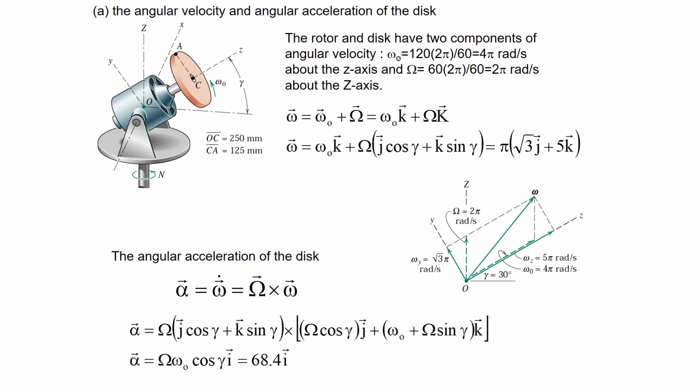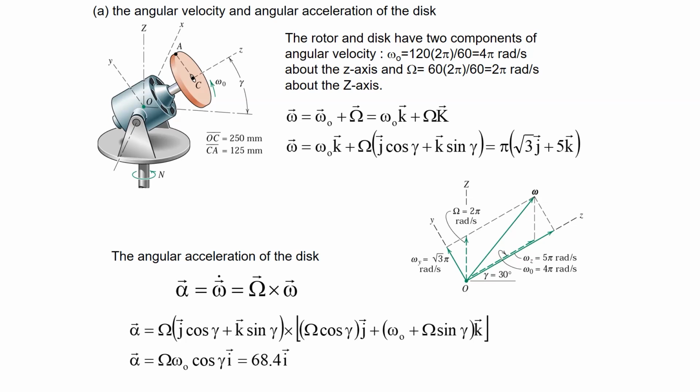So what we have here is the total angular velocity of the disk, which consists of omega naught, that is the spin about the small z axis, so that's omega naught k, small k. And then this is big omega, that is the angular velocity about the vertical axis of the whole system. So that means big omega with big K.